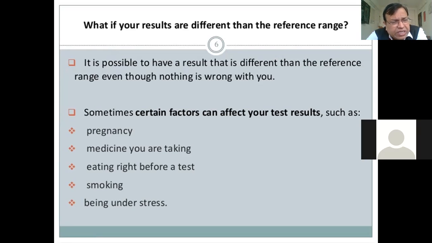You are not getting any symptoms, but if the creatinine level is increasing, it means the working of the kidney is slightly decreasing day by day, and ultimately the result becomes kidney failure, and you have to go for transplantation or dialysis. So it is also called a silent killer.